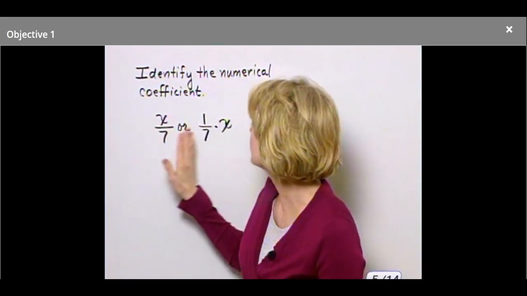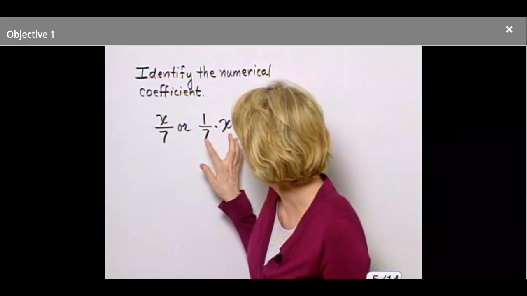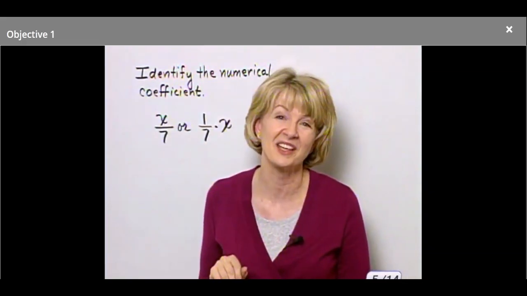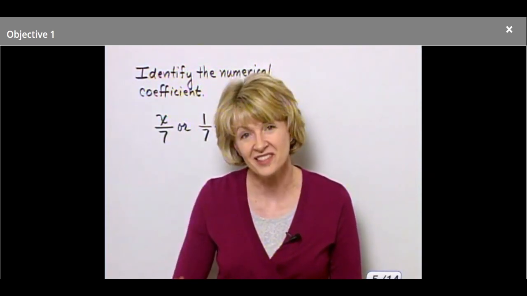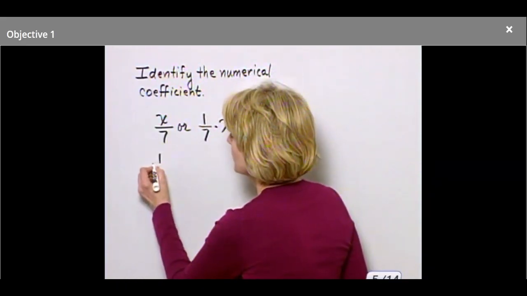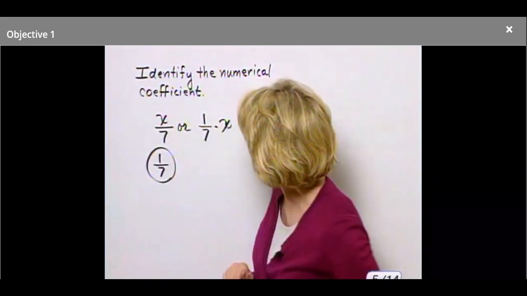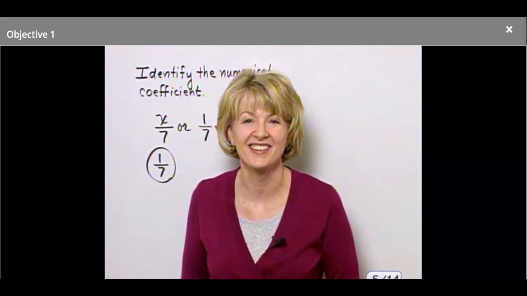So given that this is the same as this, it might be easier for you to see the numerical coefficient looking at it in this form. The numerical coefficient, which is the same as the numerical factor, is 1/7.